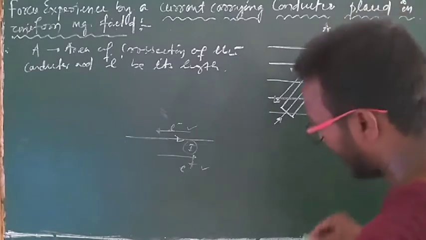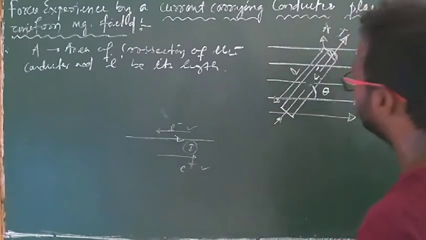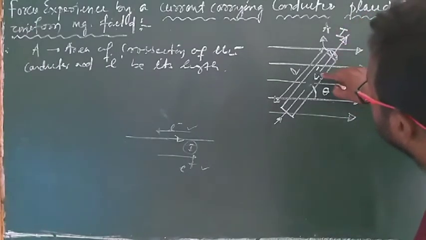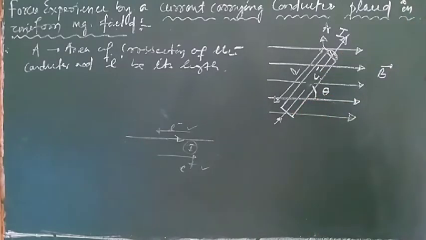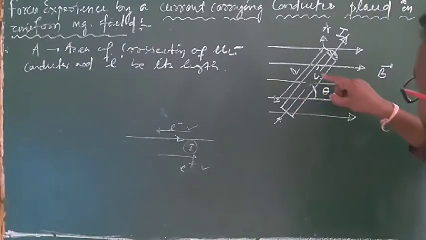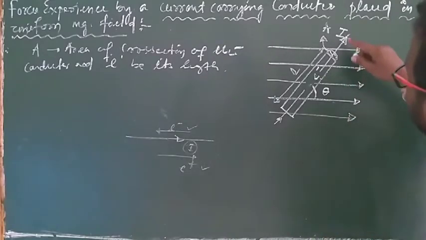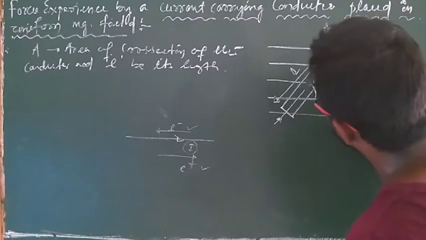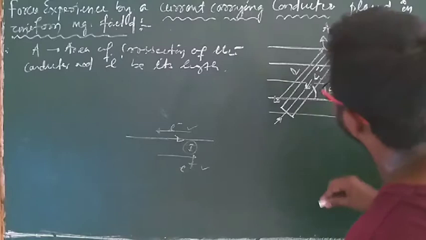If we consider one electron, suppose this electron is minus e, and what is current I? Due to this electron flowing inside the conductor, the direction of electron is opposite to the direction of current. If this is the direction of current, then the electron is opposite to the direction of electric current.